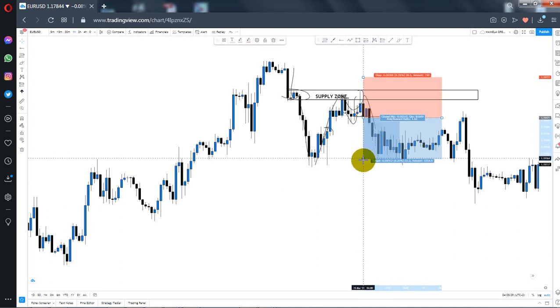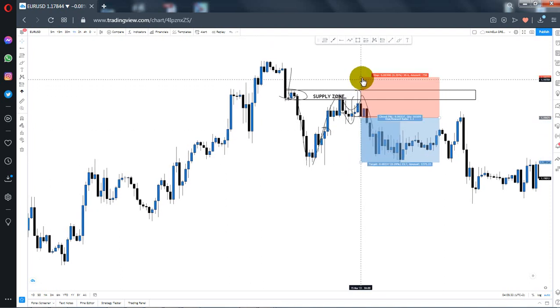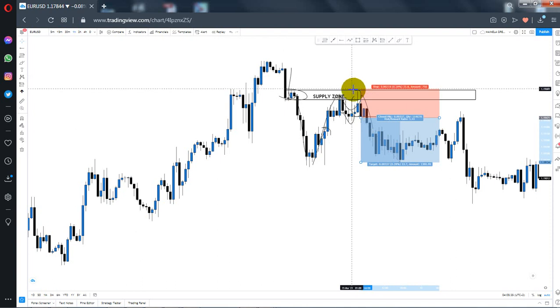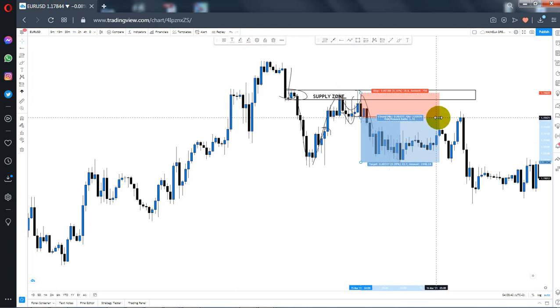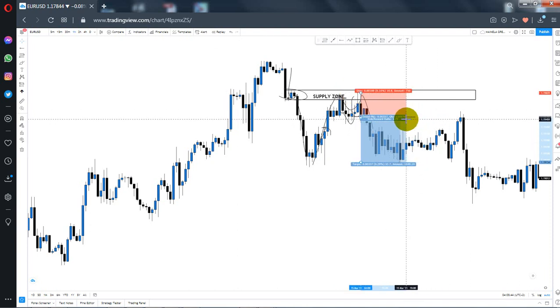Then your take profit point is the low. Your stop loss is on the upper line of the base, which is here, or you can put it in the middle of the base, depending on your risk reward ratio.